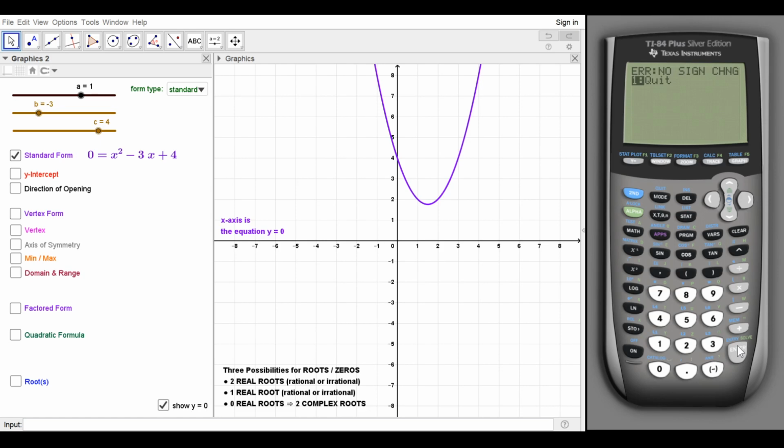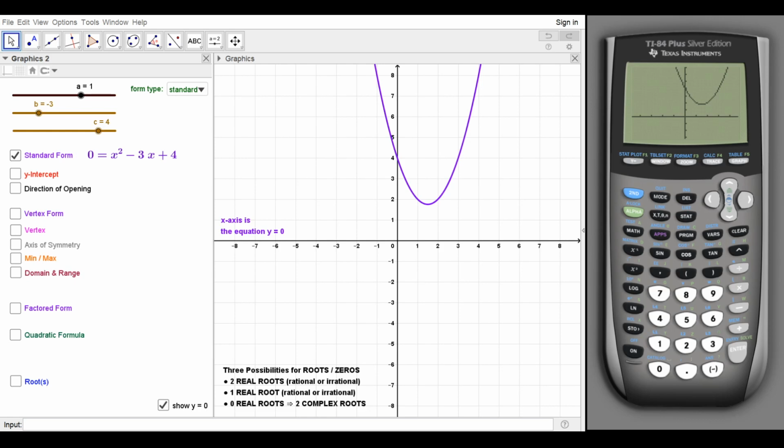You get no sign change anytime you pick an interval that does not have a 0 in it. Now, if you pick your interval wrong, there could still be a root outside the interval, but in this particular case, when I hit enter and look at the graph, there's no possible way. So normally, we would say this is 0 real roots.